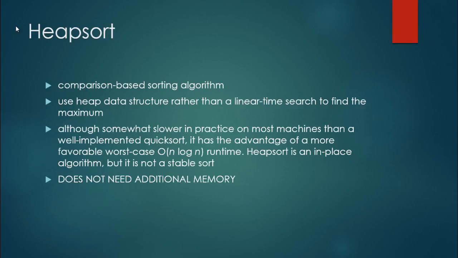Although somewhat slower in practice on most machines than a well-implemented quicksort or merge sort, it has the advantage of a more favorable worst case O(n log n). The worst case scenario for quicksort is O(n^2), very, very slow. Heap sort is an in-place algorithm, which means that it doesn't need additional memory, very, very efficient. But it's not a stable sort.